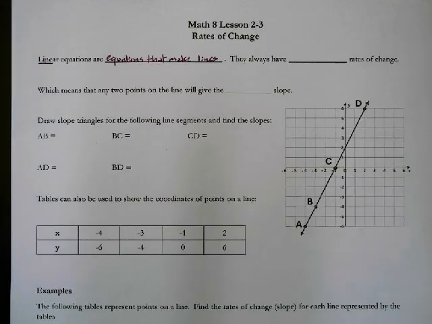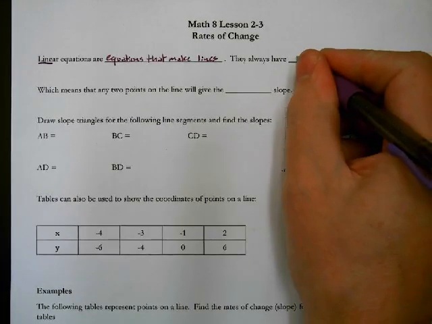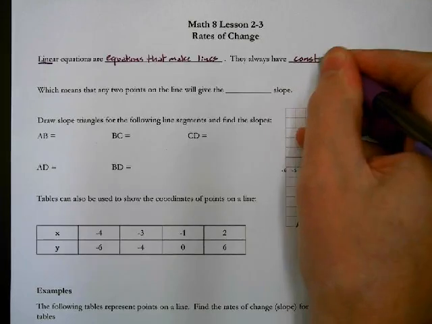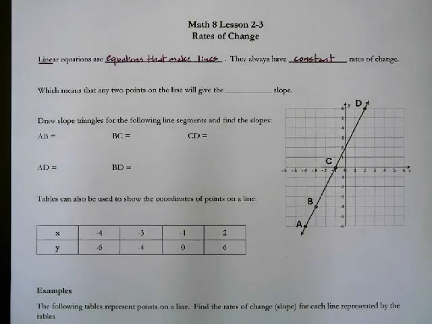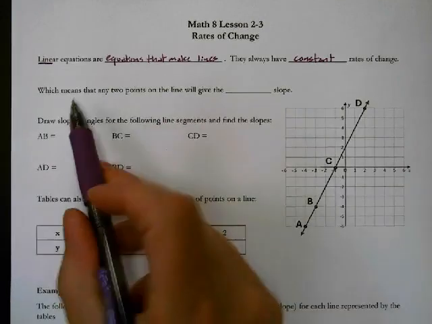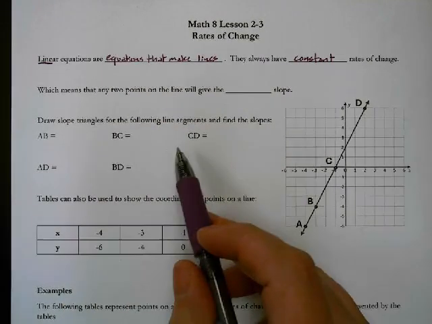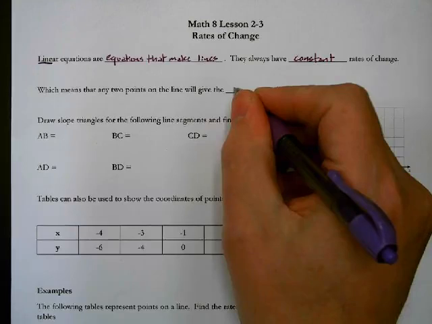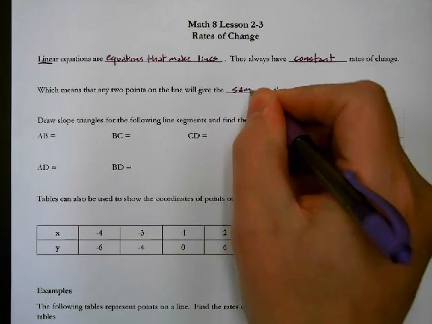Now, linear equations always have what we call a constant rate of change. Constant means it doesn't change. So their change doesn't change. It changes the same amount every time. So that means any 2 points on a line will always give the same slope.